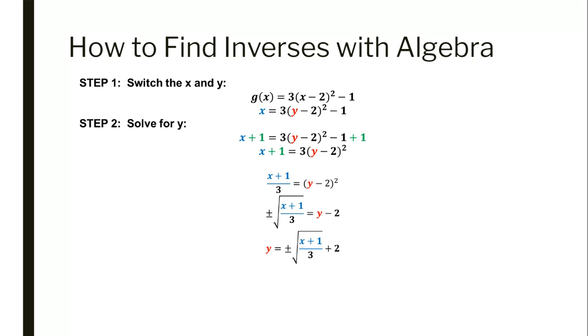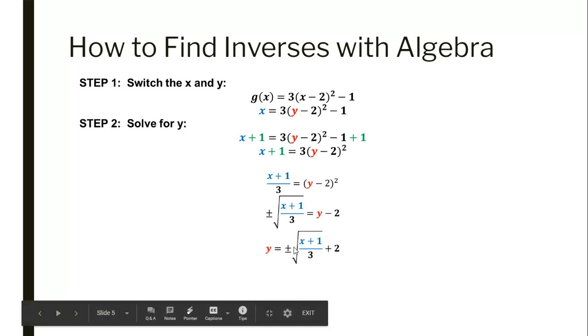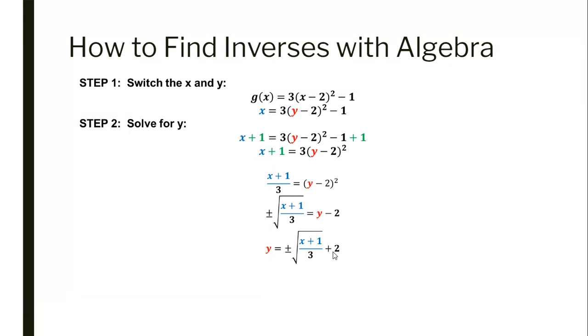We're going to add 1 to both sides, divide both sides by 3, and then take the square root. Well, this time we have y minus 2 on this side, so we need to go ahead and add 2 to both sides, giving us y is equal to plus or minus, don't forget that, the square root of x plus 1 over 3, and then on the outside of the radical is the plus 2.